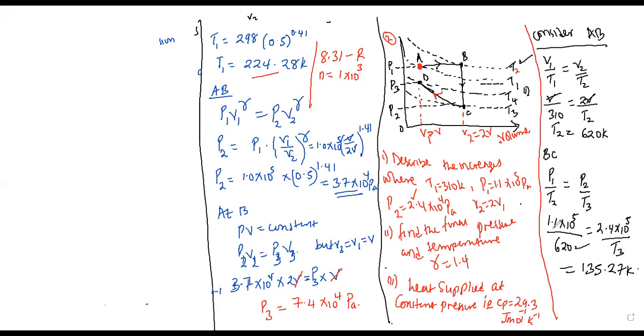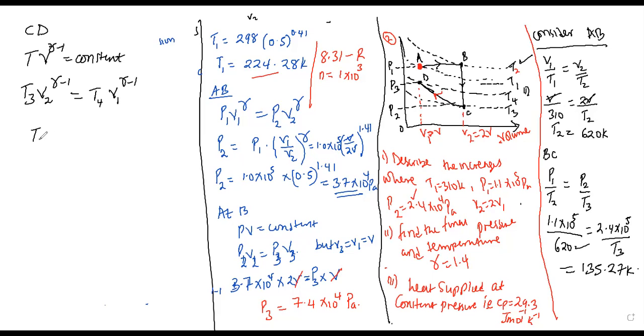Then the other one, CD, is an adiabatic compression. Yes, CD is adiabatic compression. It is occurring with change in temperature and volume. So we shall use T V to the power gamma minus 1 is equal to a constant, whereby we are moving from a temperature T3 and a volume V2 power gamma minus 1 is equal to temperature T4 times V1 power gamma minus 1.